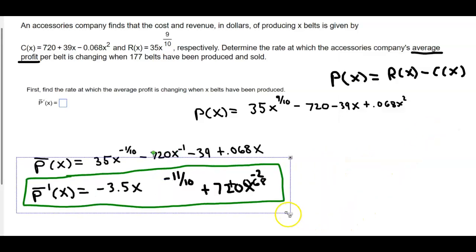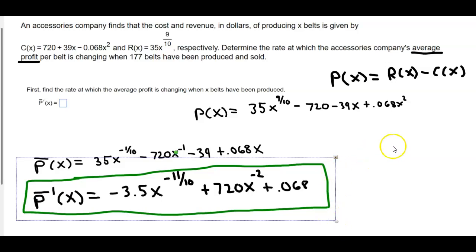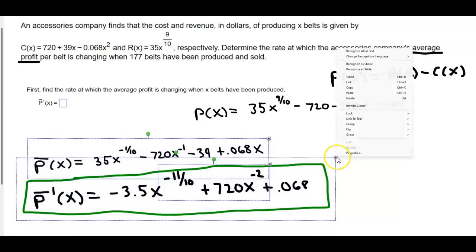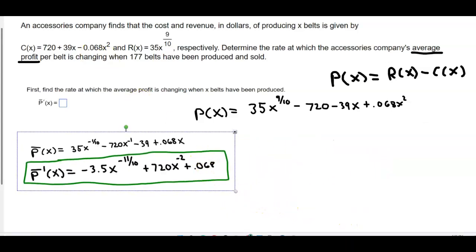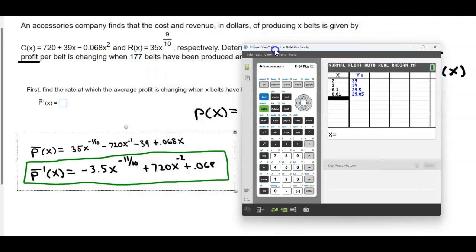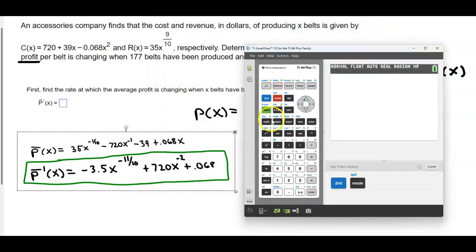Now next up, they want us to evaluate for a specific number of belts, 177 belts. So we can do that easily enough with the calculator. Now let's see. We've got negative 3.5 in parentheses, or you know what? You could in parentheses write your 177, but another convenient thing we could do is I could write 177 in the calculator, and I could press this STO button, which refers to store.